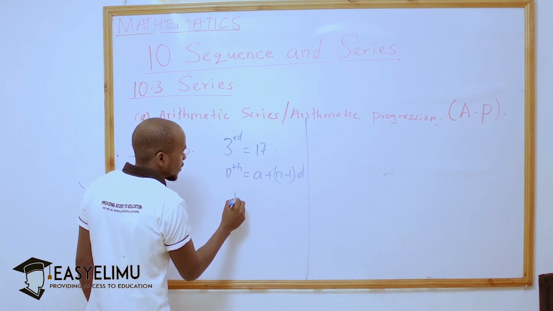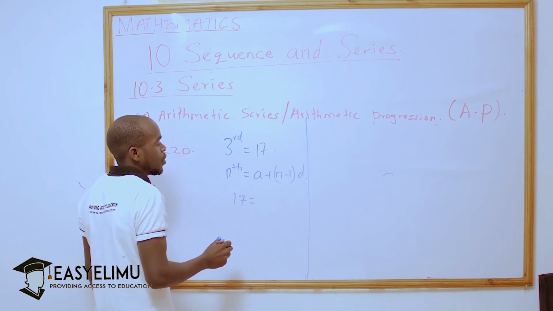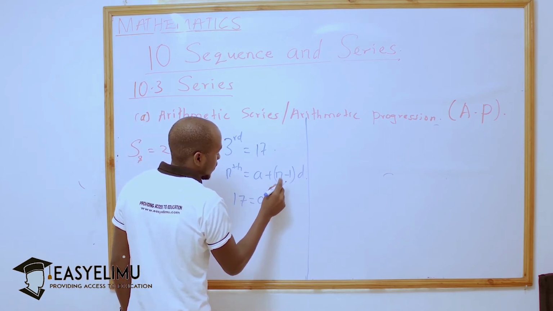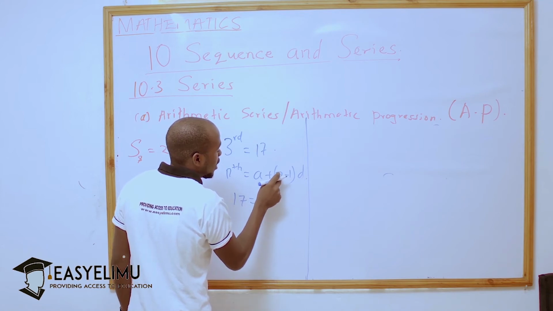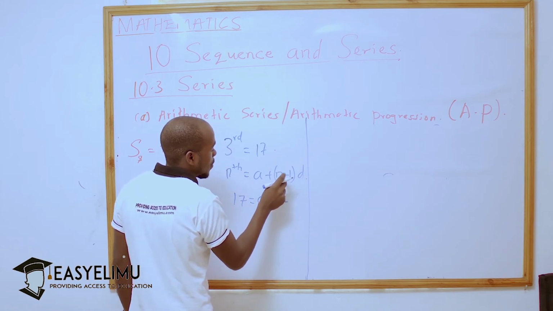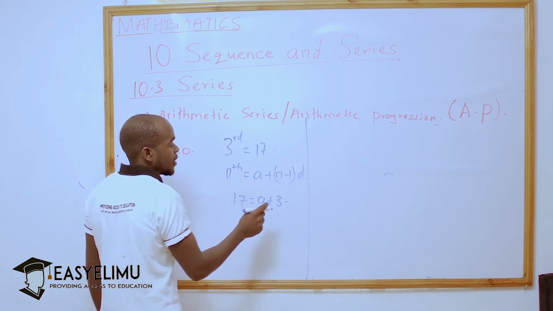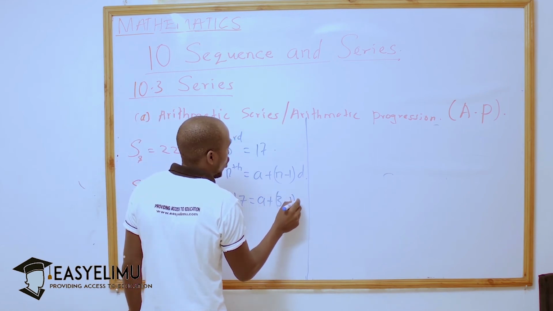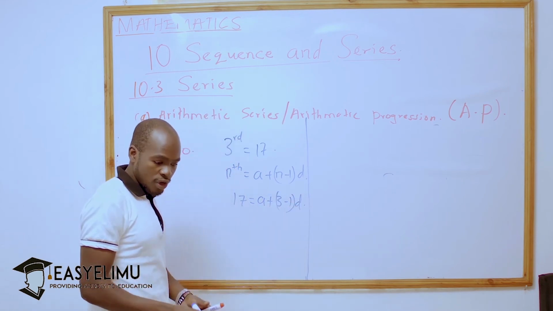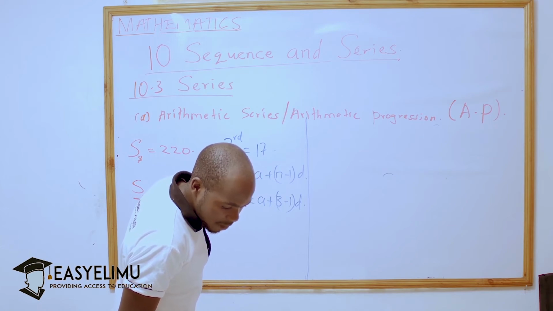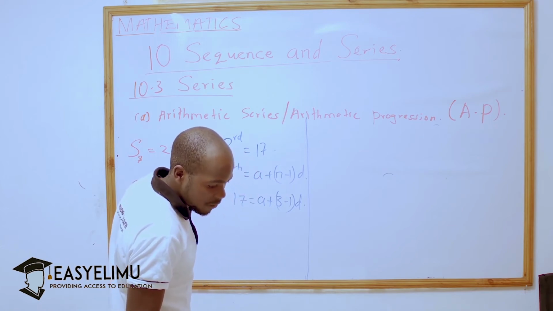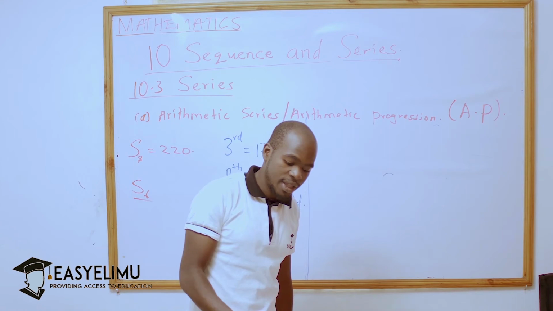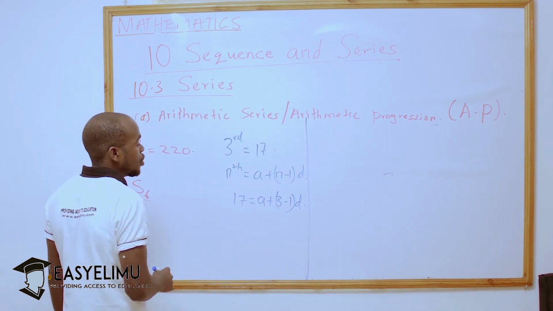Here we have been given 17 is equal to a plus (3 minus 1) multiplied by the common difference. So if the sum of the first 8 terms is 220 and the third term is 17, that is what we are going to have.